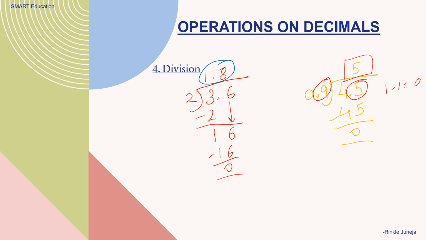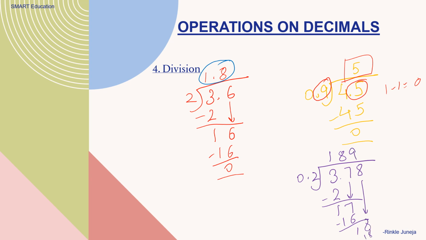Okay, to make it clear, let's take one more example. Let's take 3.78 divided by 0.2. Again, first we'll divide without the decimal point. So 2 ones are 2. 3 minus 2 is 1. Take down 7. 2 8s are 16. 18. 2 9s are 18.